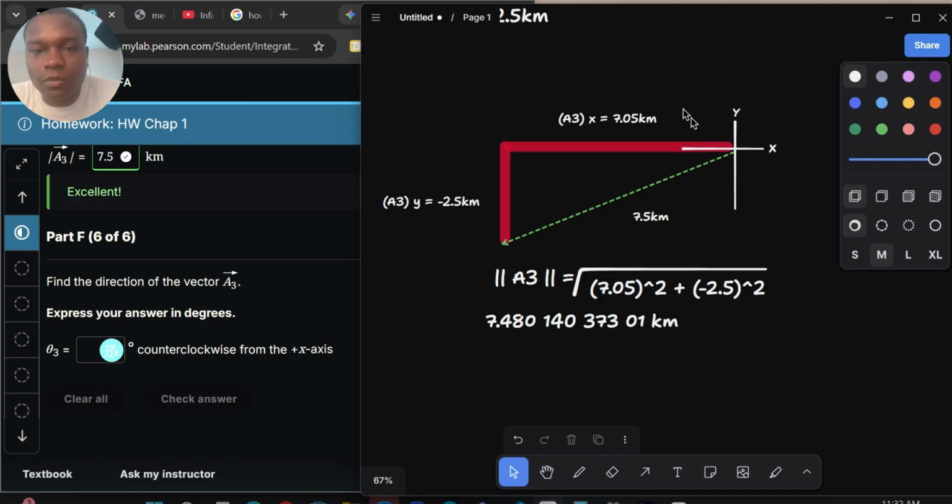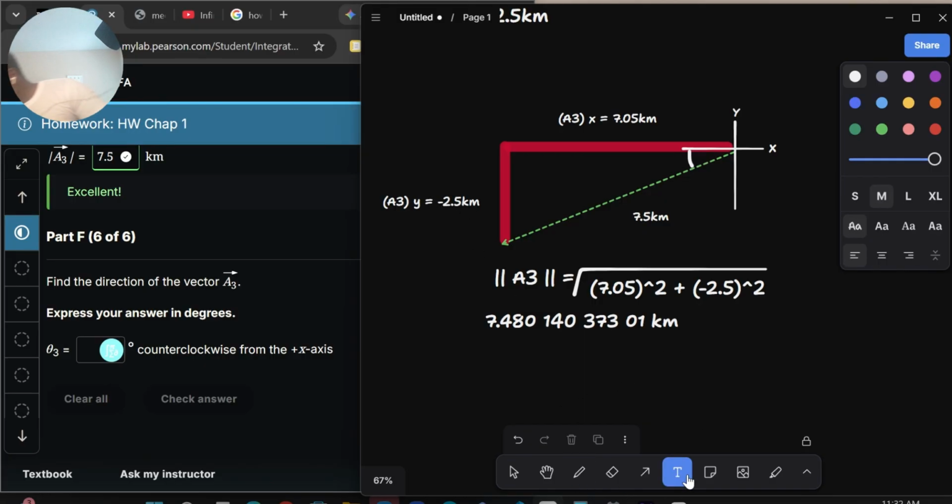Right now we could just do sine: opposite over hypotenuse, because this is the angle here. Sine of the angle equals negative 2.5 divided by 7.5.